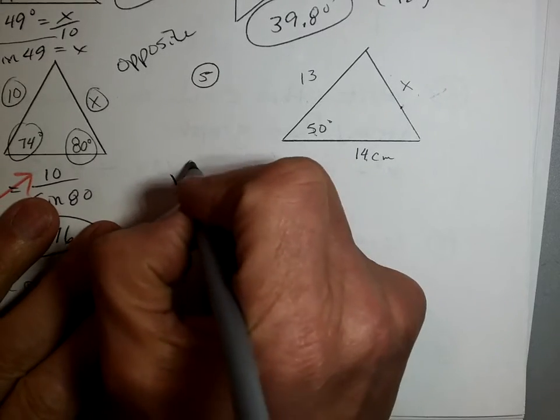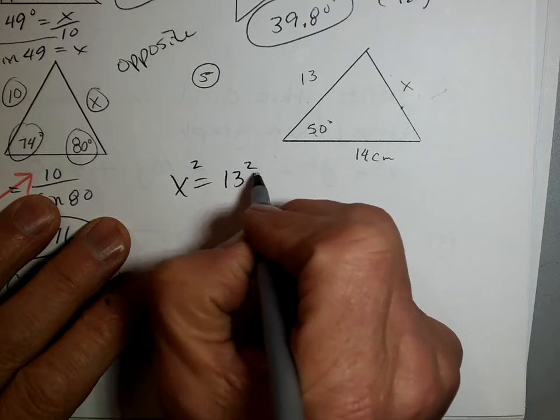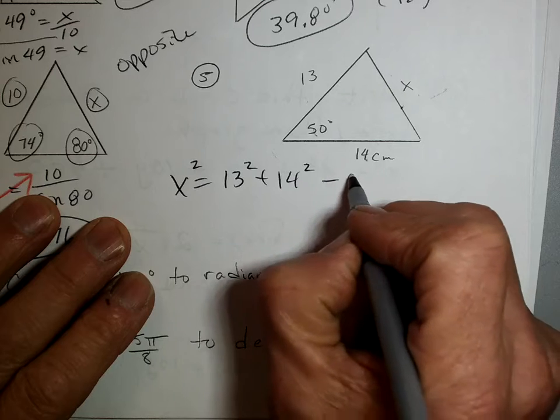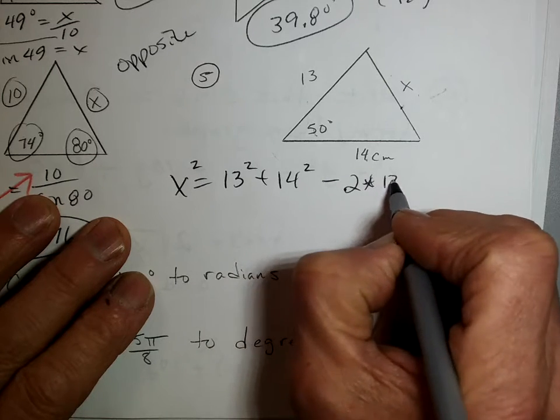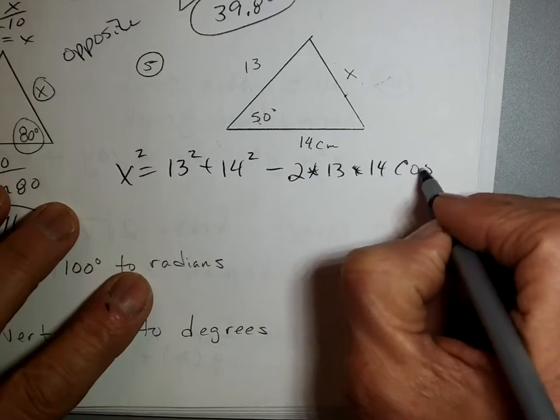X squared, that's my opposite squared, equals my adjacent squared, 13 squared, plus my other adjacent squared, 14 squared, minus 2 times my adjacent times my other adjacent times the cosine of my angle.